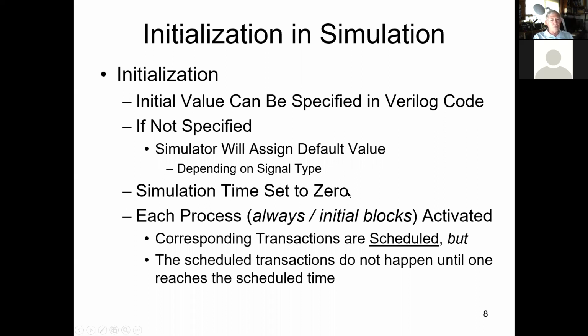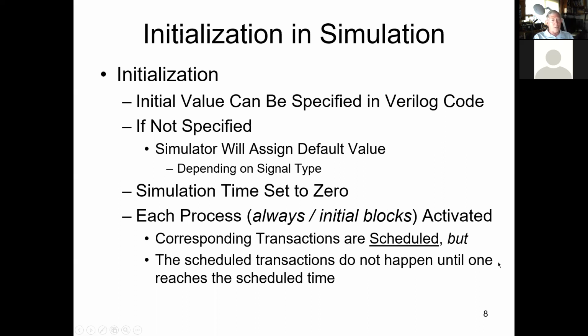Then it sets the simulation time to time 0, and then each process block, which would be your always blocks and initial blocks, are activated. The initial blocks are obviously started because they run at 0 time, and if the always block is triggered, then it would run also. Otherwise, it waits until, say, the clock has the right edge, for instance.